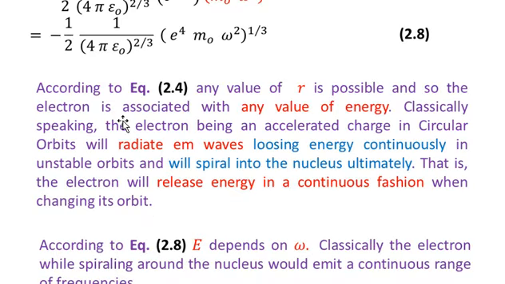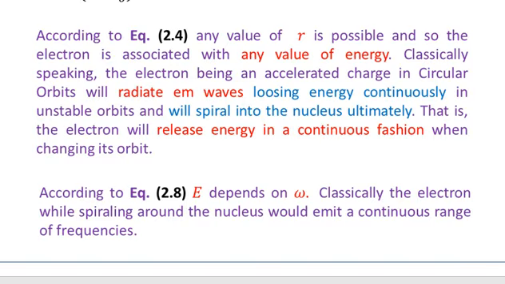So you see that here we have obtained through the Rutherford model that the electron, when it changes its orbit, will radiate energy continuously, that is, will radiate continuous electromagnetic waves. And then the electron will also have a continuous energy.